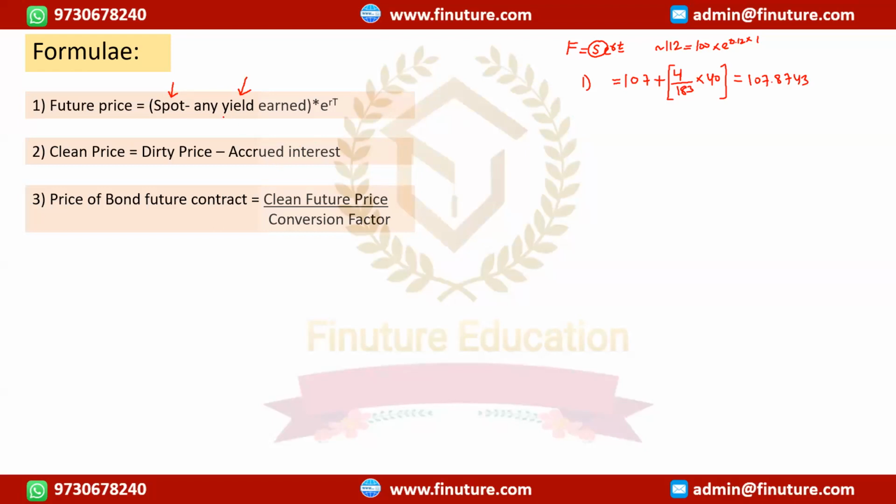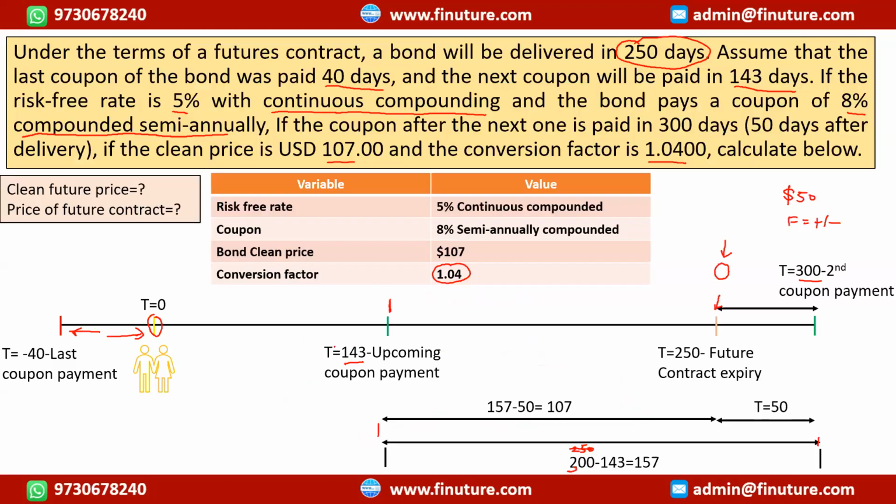Now what I need to subtract so that I can compound and get my future price. So what I need to subtract is whatever accruals have happened, whatever additional interest I will earn in this time window. So from this time till my future expiry, there is one payment. There is, of course, this time window is also coming, but there is no payment in between.